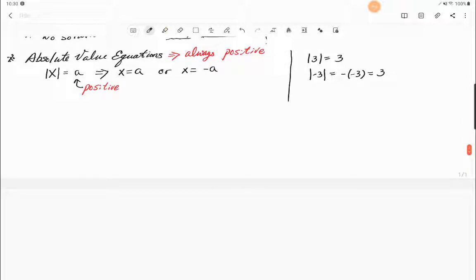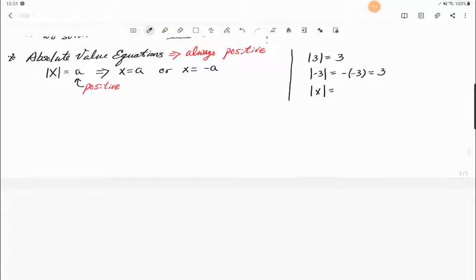So always, no matter what the value of x, if x is positive or negative, this is always what? Always positive. Cannot be a negative. So if we have an expression like this, negative 2, then what?